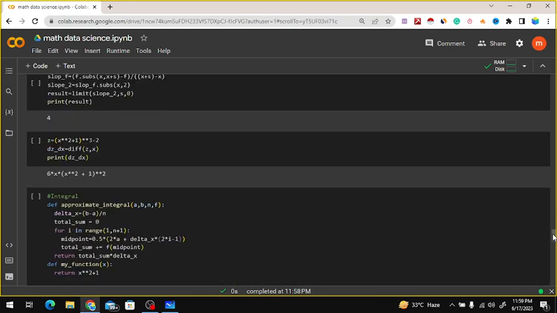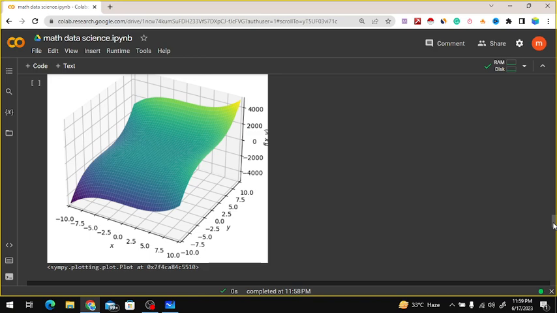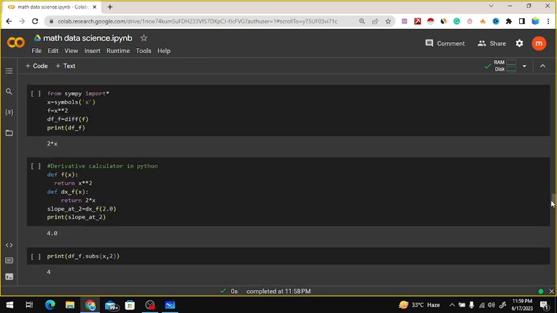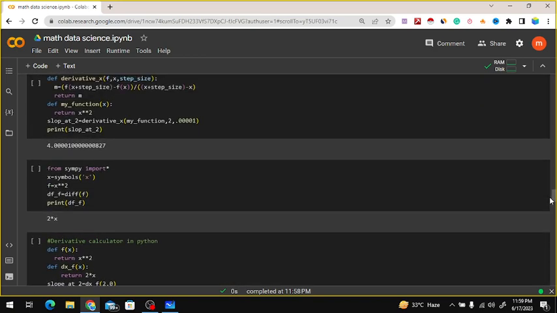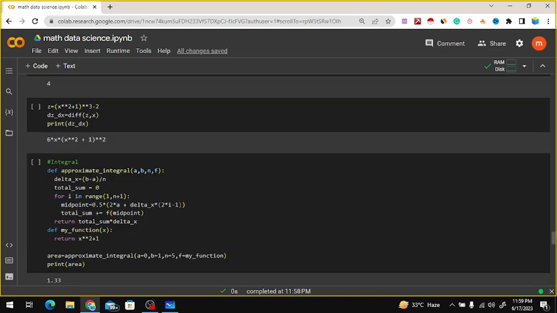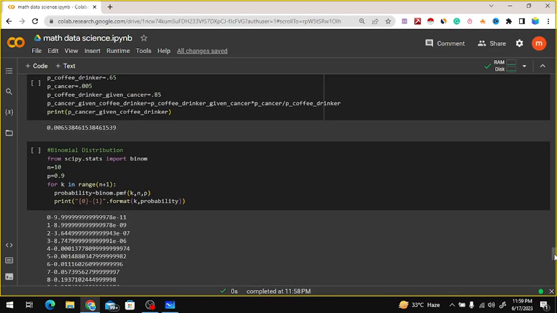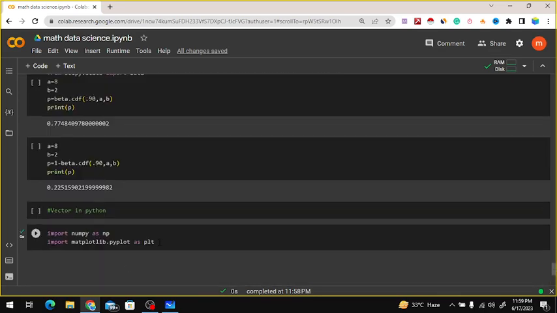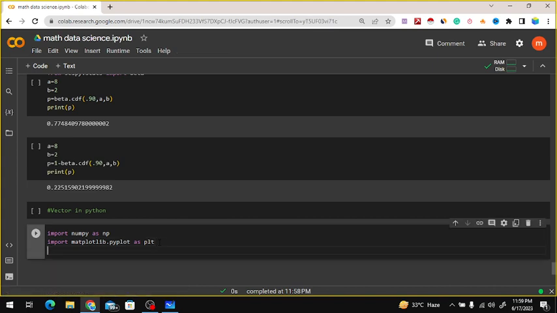I have already imported sympy. And from sympy import all modules. So let's do this one also. It's good for me. Yes, everything has been imported.